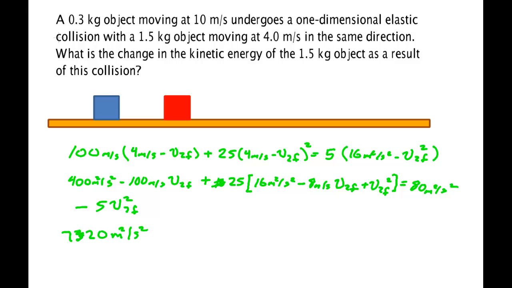Since that's getting confusing, let me check the things we're taking care of. I've taken care of this term, and I've taken care of that term. I also have some V2Fs. I have minus 100, minus 8 times 25, that would be minus 400. So combined, that's minus 500.